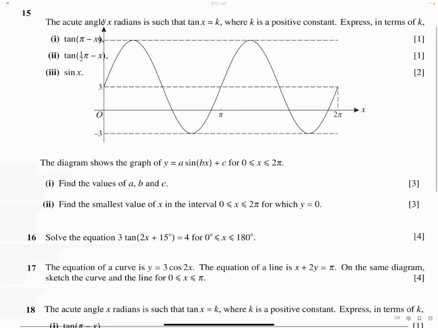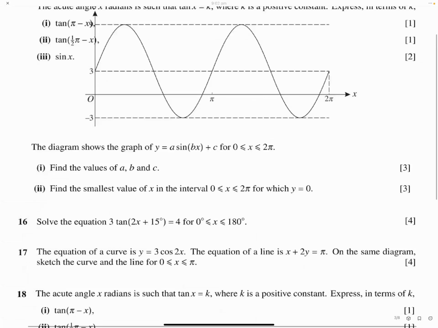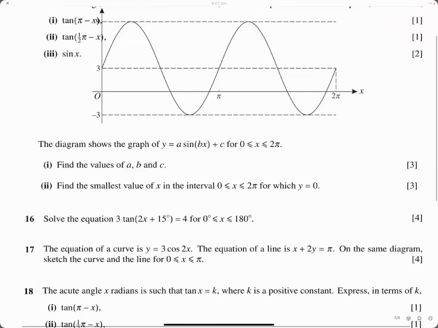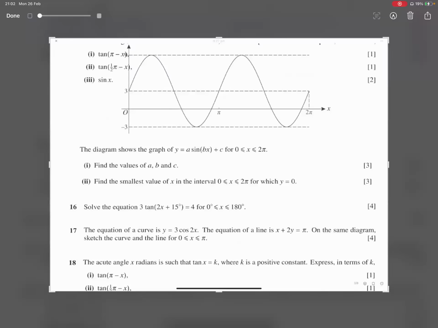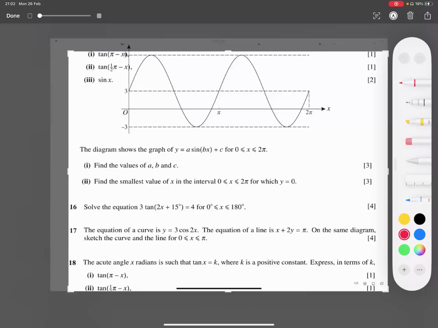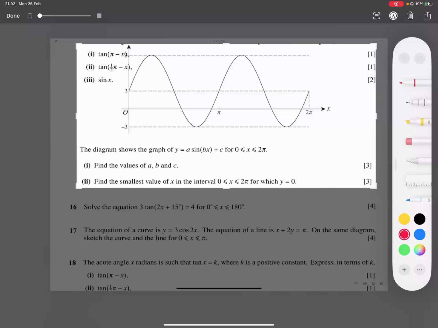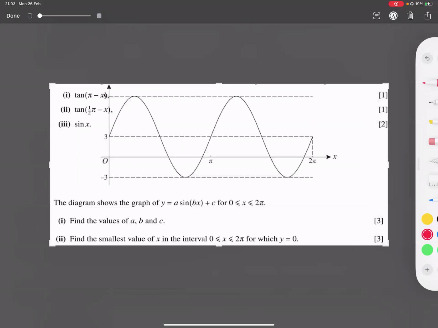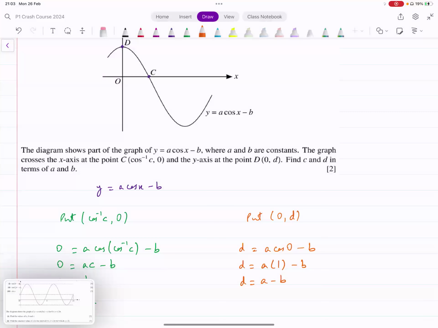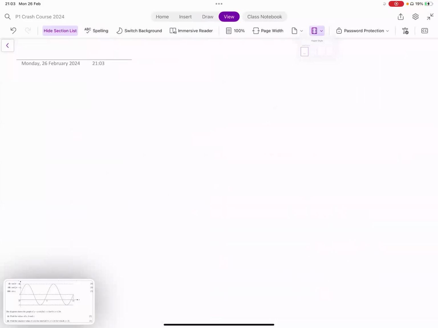This is question number 15. Let's just have a look at this quickly. Okay, there's a misprint here. There's an overlap of 2 questions, so I'll just separate them here. This is the question that we actually want to focus on, the one that has graphs. Let me just remove the rest of it.